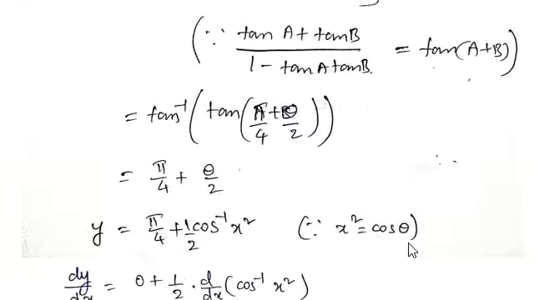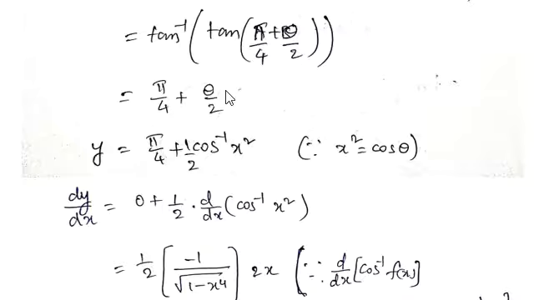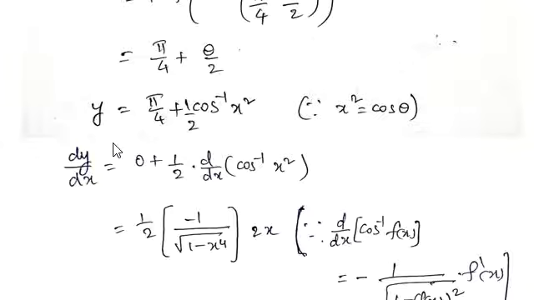Why? Because in the initial steps we have assumed x square is equal to cos theta. So in the place of theta you can write cos inverse of x square. So when you apply the differentiation, that is dy by dx, the first term is constant, so its differentiation is 0, and it is 1 by 2 into dy by dx of cos inverse of x square.